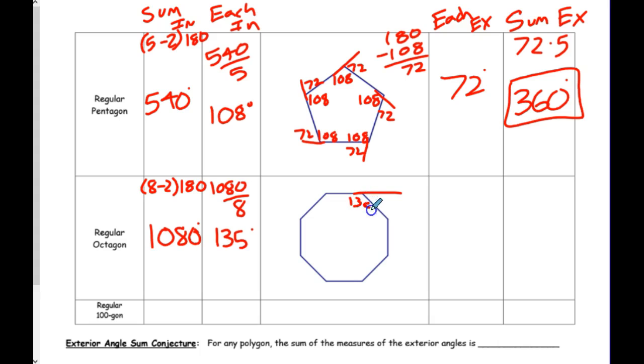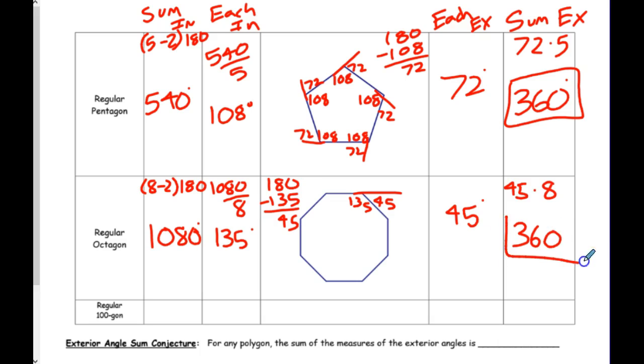If this is 135, 180 minus 135 is 45. Each exterior angle is going to be 45. So 45 times 8 is? Let's find out. It is 360. So we end up getting 360 for every single sum of exterior angles.